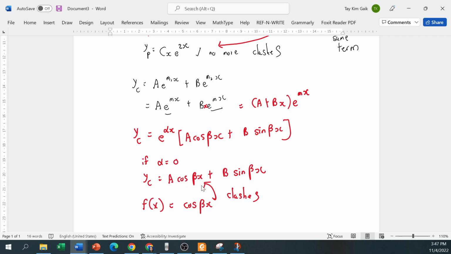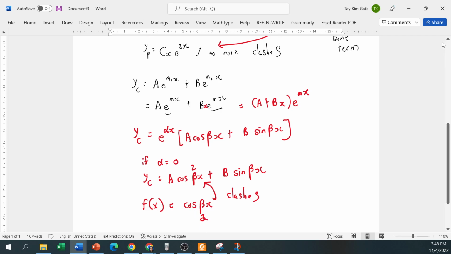If here it is cos beta x and this one is also cos beta x, then clash. If this one is cos 2x and here is cos 3x, then no clash. The cos terms must be exactly the same: cos 2x clashes provided your f(x) is also cos 2x. If one is cos 2x and the other is cos 3x, then there is no clash.